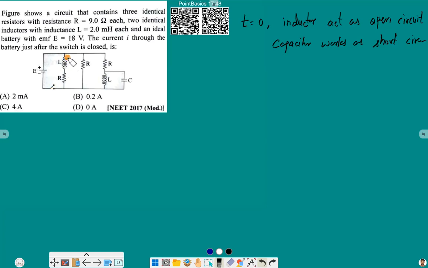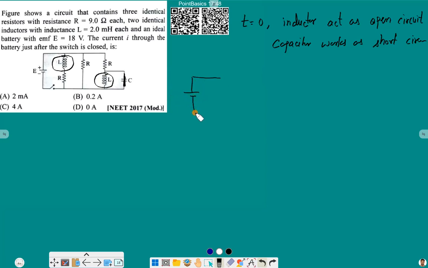So here this inductor will act as an open circuit, this inductor will act as an open circuit, and this capacitor will act as a short circuit. So our circuit will look something like this.